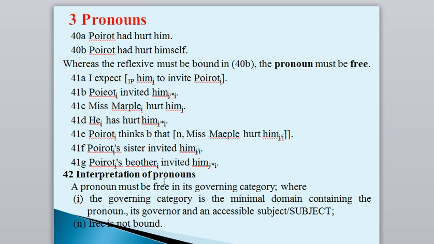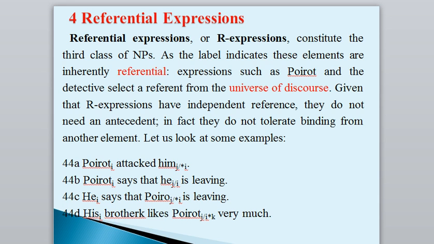So interpretation of pronouns: a pronoun must be free in its governing category, where the governing category is the minimal domain containing the pronoun, its governor, and an accessible subject, and free means not bound. So this is the condition of the interpretation of pronouns according to Principle B of binding theory.